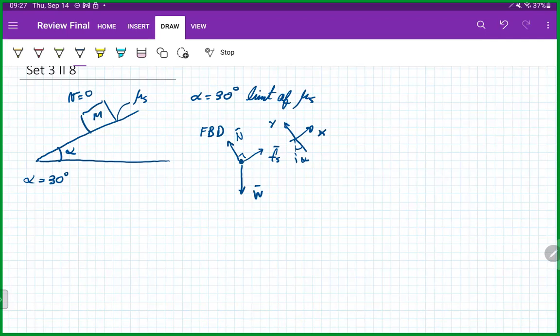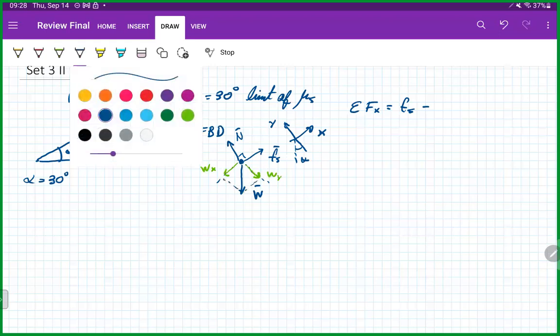Okay, so from that, we know that this thing is in equilibrium, and we can say that the sum of the forces on the x-axis equals F friction, static friction, minus, and what we can do here is extend this like we always do, and we have components of the weight. So weight X, weight Y, the projections.